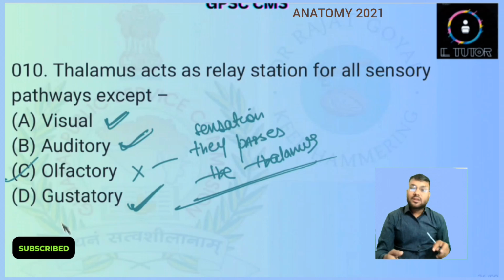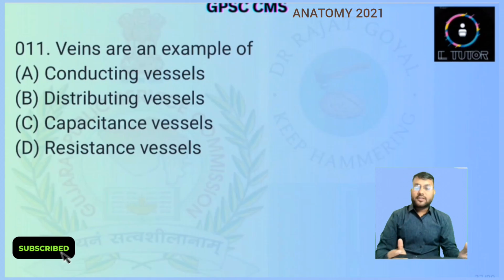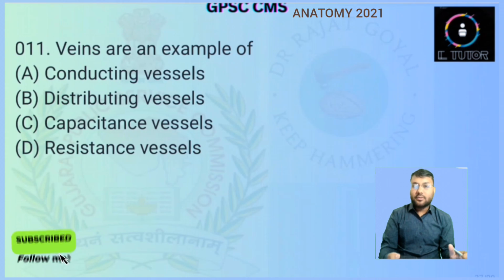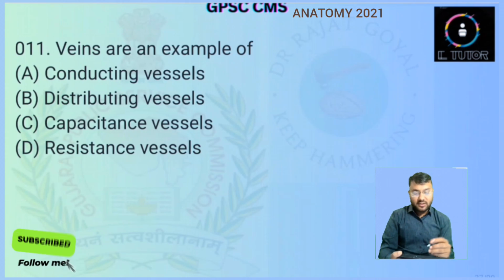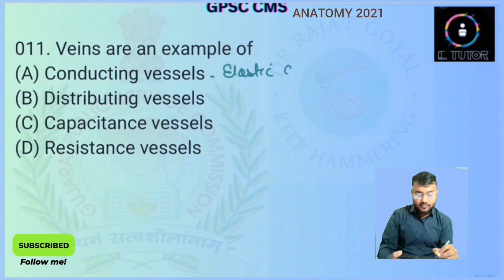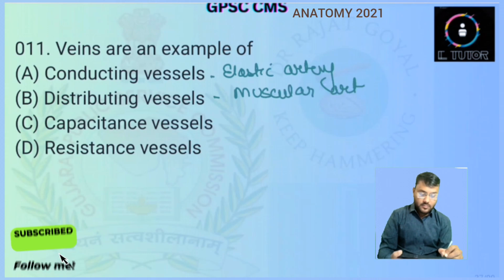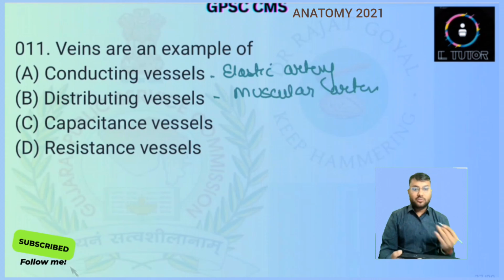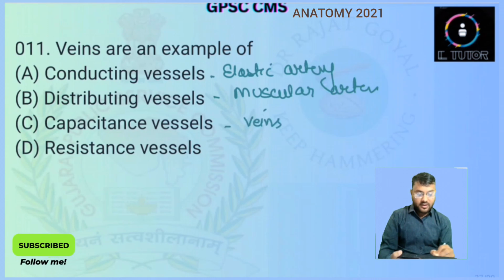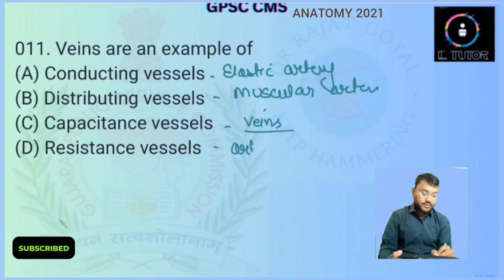So answer will be option number C, olfactory. Next question is, veins are the example of. If we talk about the conducting vessel, then the examples are elastic artery, distributing vessels, example is muscular artery, capacitance vessels or the storage vessels are the veins, and resistance vessels are arterioles.